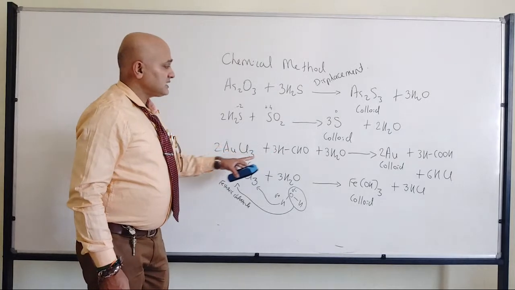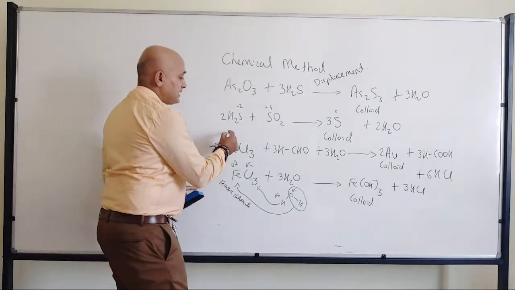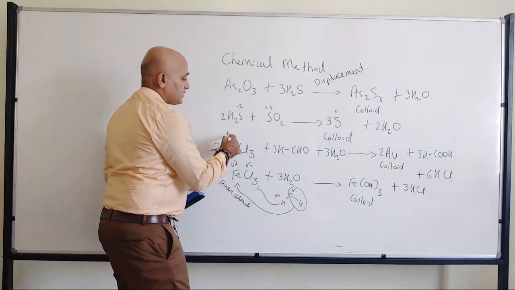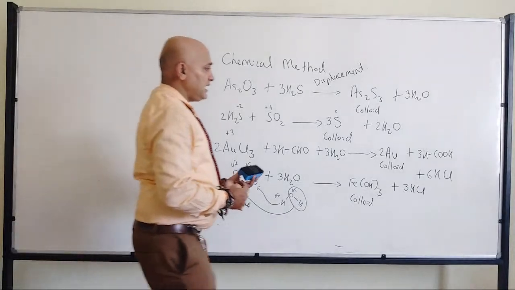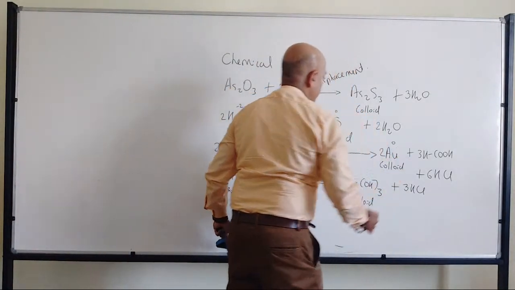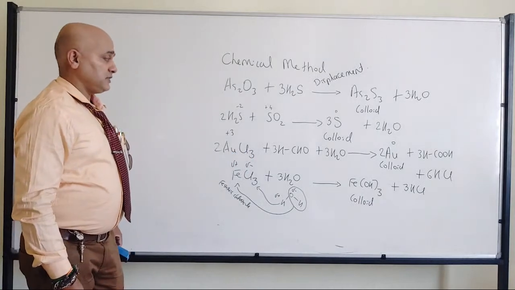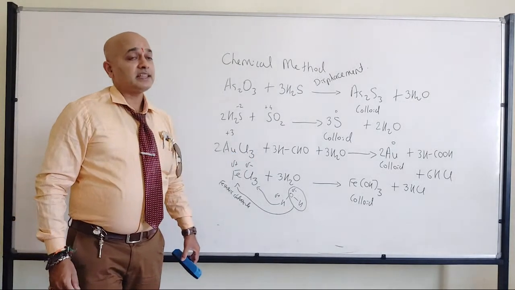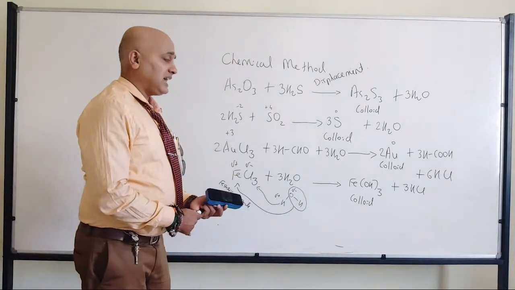If I see this reaction, gold is in +3 and in the product it is becoming 0. So what is happening? There is a reduction, so reduction of gold is happening.